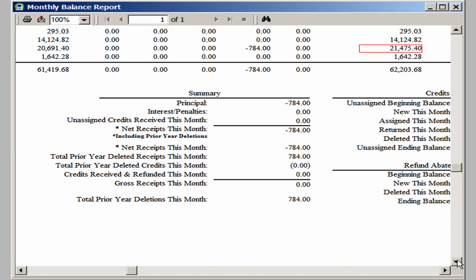In this section down below, under the summary, you would normally in the past have what was collected for principal, interest, and any unassigned credits received this month, and your net would have been what you had taken to the bank. With the prior year deletions, you now have to go down to the bottom where it says gross receipts this month. The figure there is what you've actually taken to the bank and should match your deposit slips. This figure shows the adjustments in what's actually happened to each individual warrant.